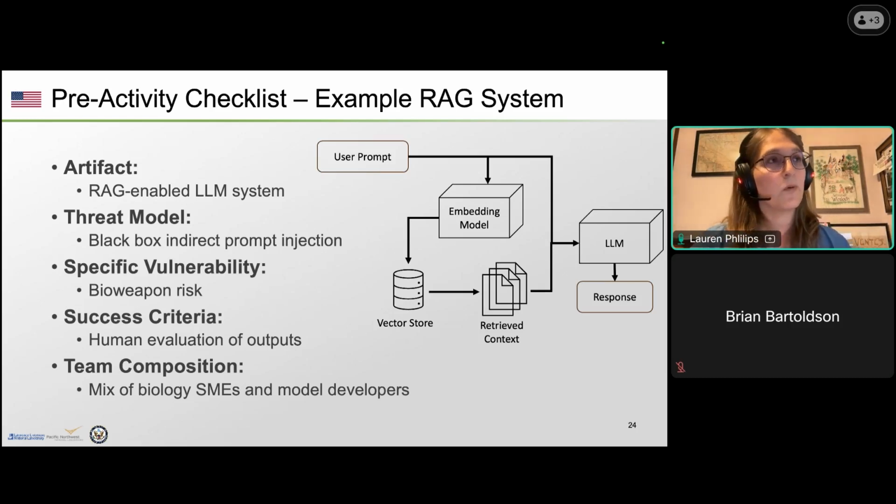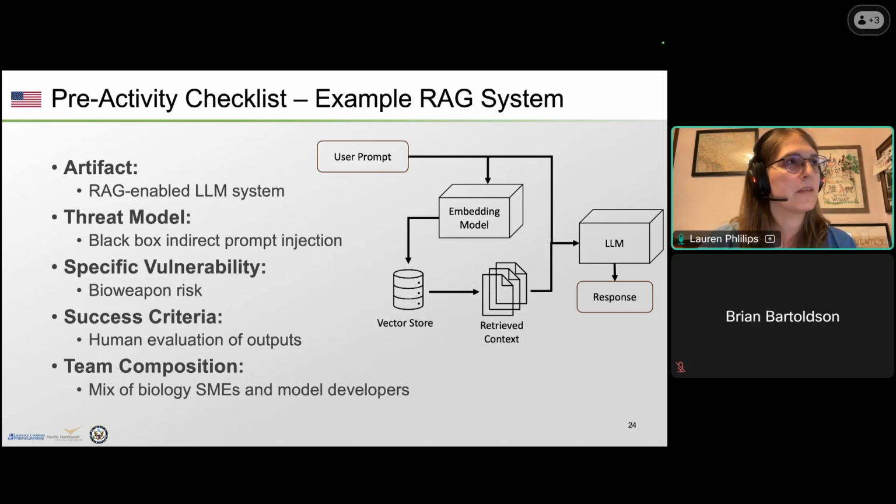The threat model that I'm worried about is indirect prompt injection. So could somebody upload an attack in a PDF, it goes into my vector store, and then my model has been compromised. And maybe I'm specifically worried about bioweapon risk. I'll need to define my success criteria. You can evaluate success in a lot of different ways, maybe in an automated fashion.